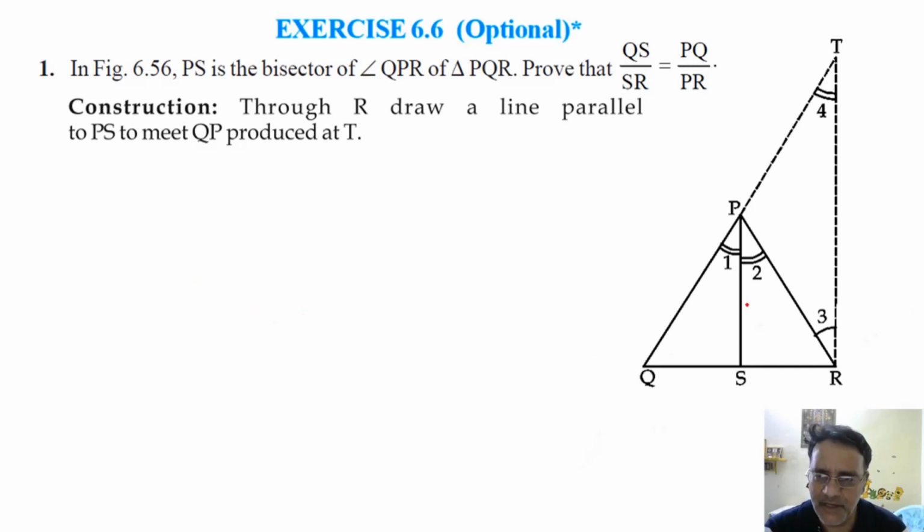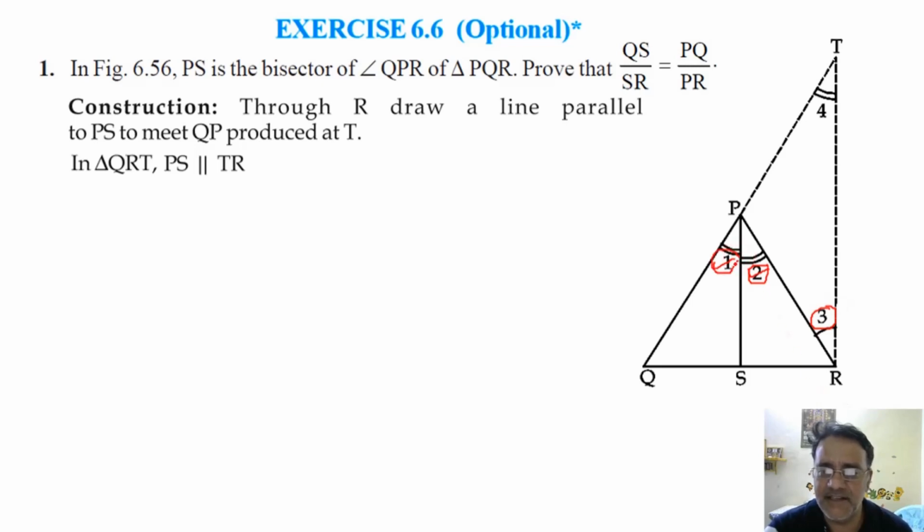Yes, sir. Okay, now angle 1 is equal to angle 2. Why? Because PS is the bisector of angle QPR. And angle 2 is equal to angle 3, alternate interior angles, right.